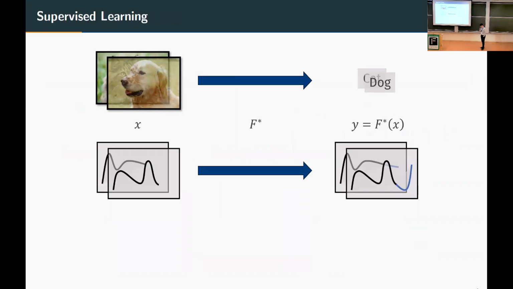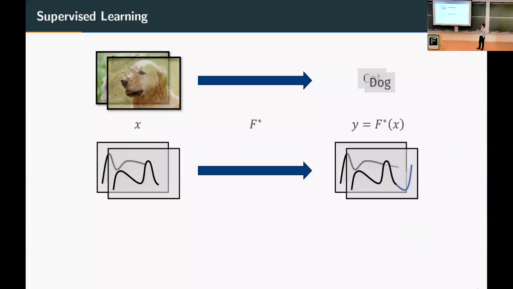So today I will talk about only perhaps one of the most classical settings in machine learning, which is supervised learning. So what supervised learning attempts to do is to approximate some relationship between inputs and outputs. So the inputs could be images of cats and dogs, and the outputs will be the label associated with it. So this is a classical classification problem.